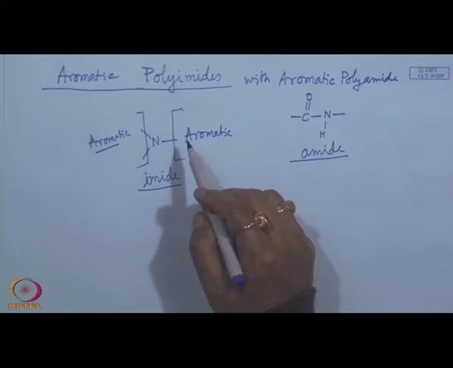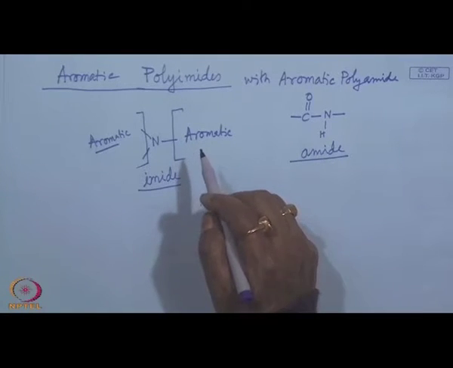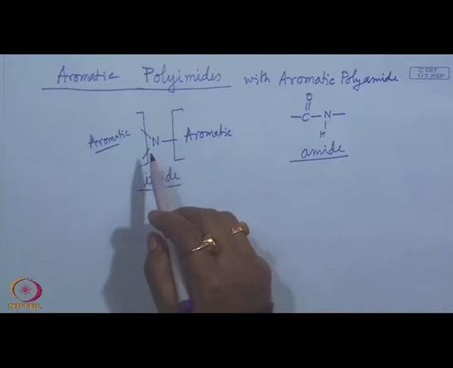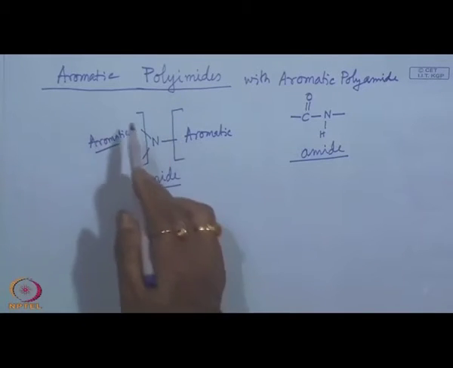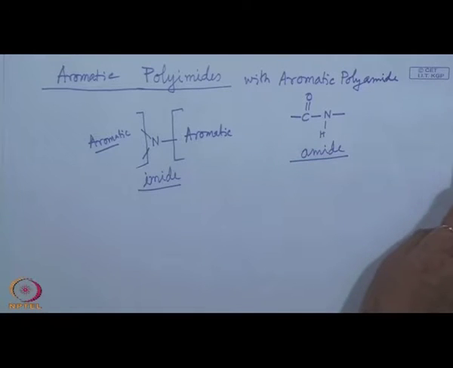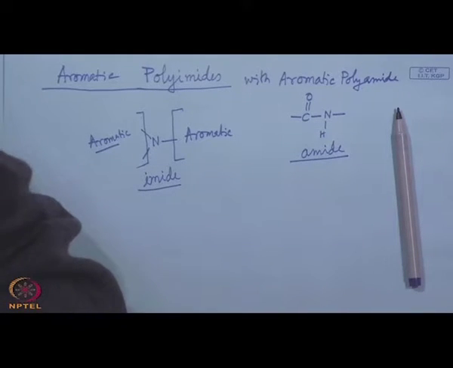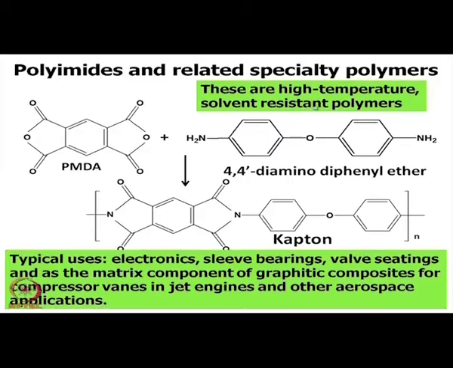Now, there can be possibility of many different polyimides depending on the groups on this side and on that side. Let us look into different types of polyimides possible. These polyimides are high temperature resistant polymers, as well as they are resistant to solvents and chemicals.